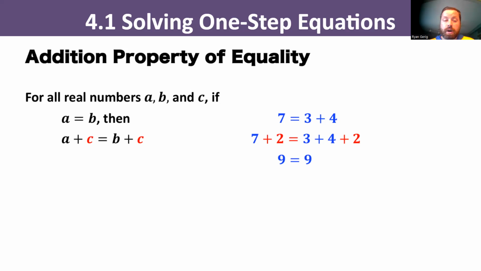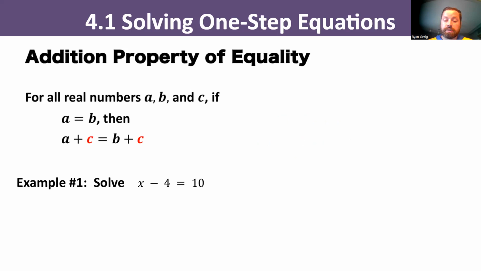Now, where does that show up when it comes to solving algebraic equations? Let's look at x minus 4 equals 10. I need to get x by itself, so I have to move that negative 4. I'm subtracting 4 from x. The inverse operation of subtraction is addition, so I'm going to add 4 to the left side. That will make negative 4 and positive 4 undo each other.